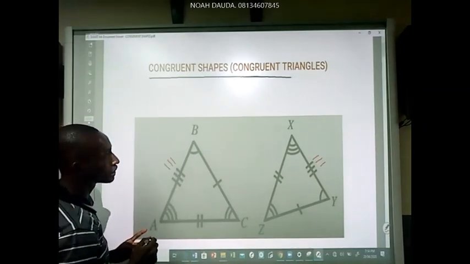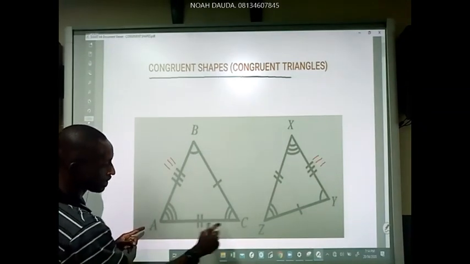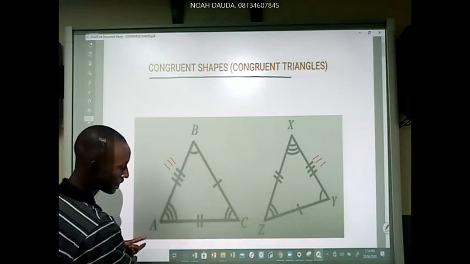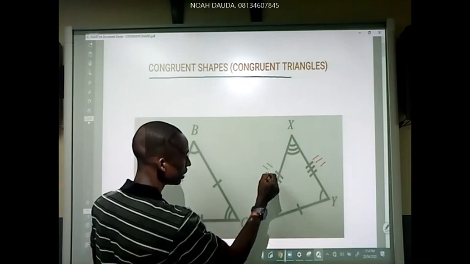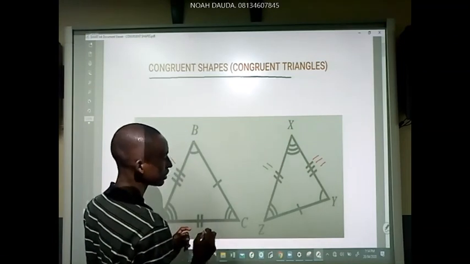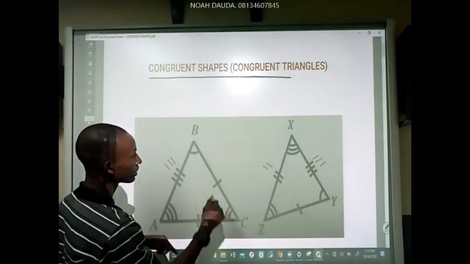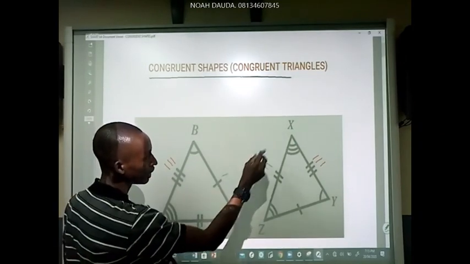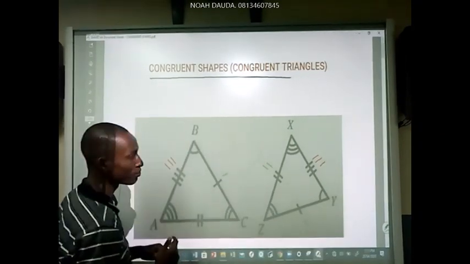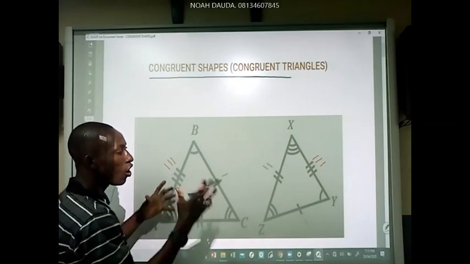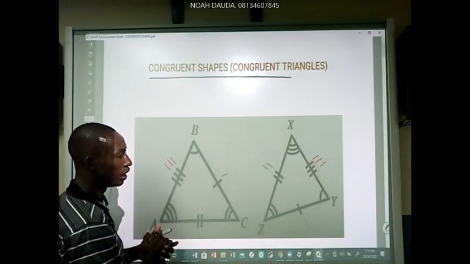Let's take a look at side AC. Side AC and side XZ are the same. So let's take the last side, BC and YZ. They are also the same. That makes it congruent because all sides are equal.